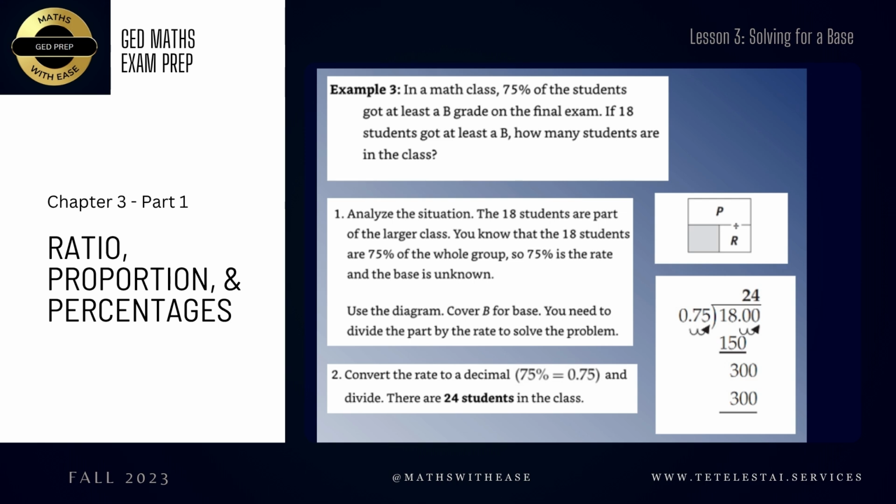And as we discussed, when you're dividing decimals, you always want to move your divisor, which in this case is the rate, 2 decimal places over to the right. And then you want to do exactly the same thing with your dividend, right? After you've changed your rate to a decimal value, you're going to move that decimal point 2 places over to the right.